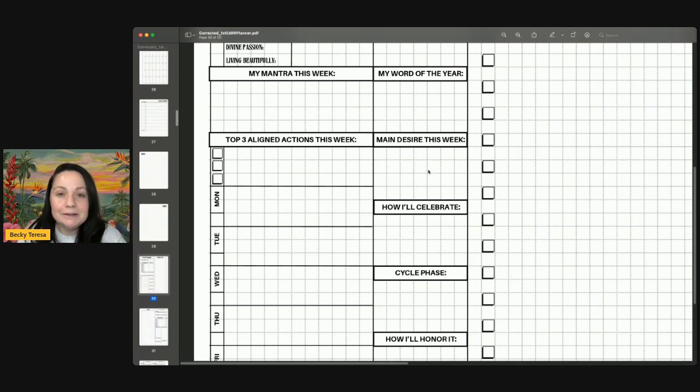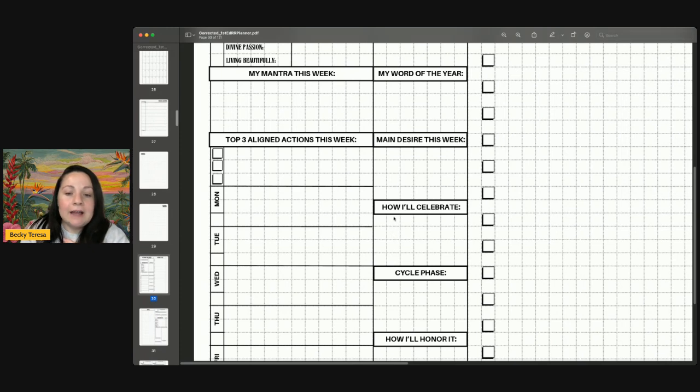Or you want to find a way that you are constantly staying open to receive every day, or you want to smile every day, or laugh every day. What is your main desire? What is the theme of your week this week? And so you put that there.